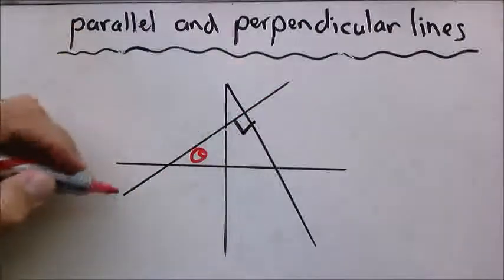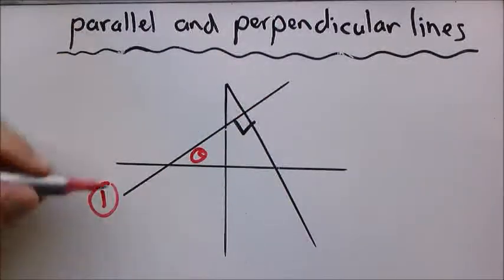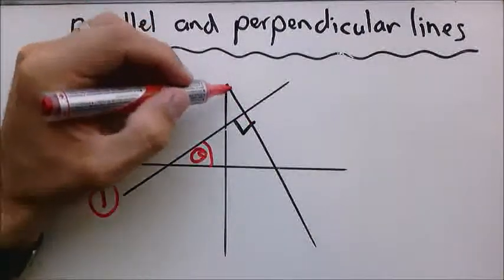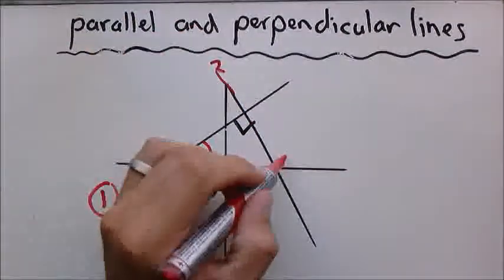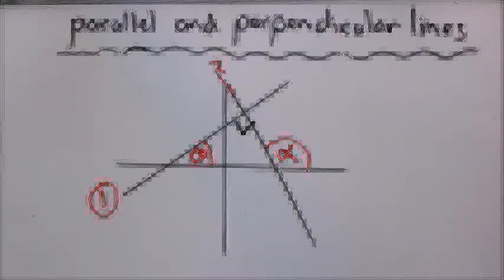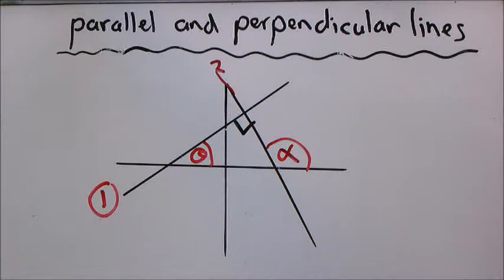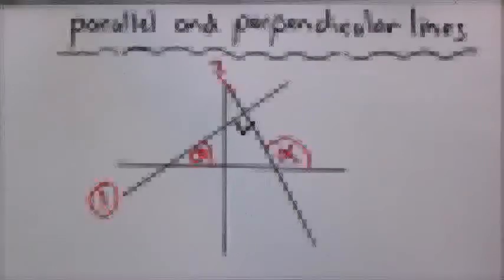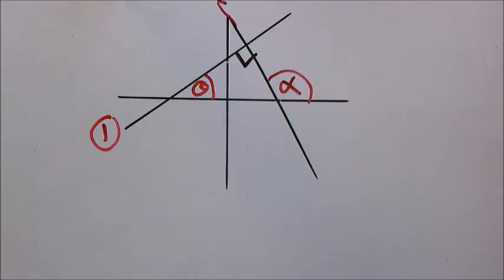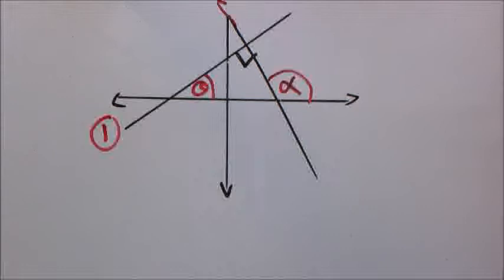This is line number 1, its angle of inclination, and this is line number 2, and alpha is its angle of inclination. Okay. I'm not going to go into detail of explaining why the following rule applies, but for grade 11 you need to know how to apply it.